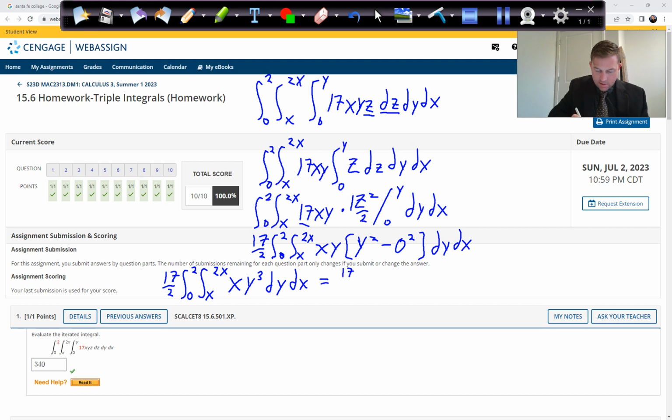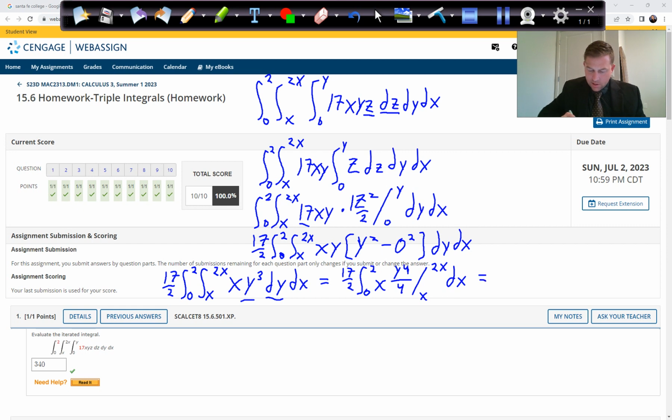So this is going to be 17 halves, antiderivative from 0 to 2 of x y to the fourth over 4. Now only y is a variable, and x and 17 halves are just constants, and the antiderivative of y to the third is y to the fourth over 4. And we're evaluating that from x to 2x, dx.